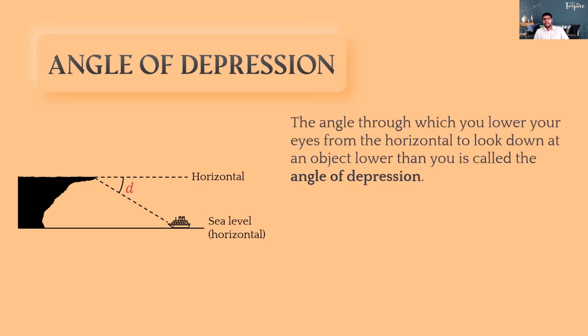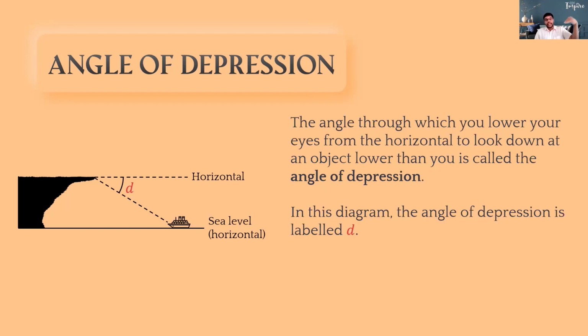So if you look at this diagram, right, you can see this person, he's standing on the cliff and he's looking down at the ship which is on the sea. So he's looking down at sea level. So that angle with the horizontal that he's looking down through, that is called the angle of depression, right?